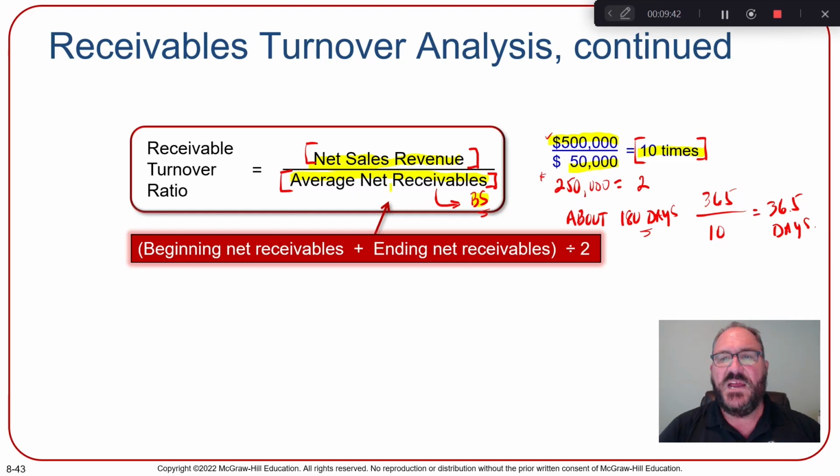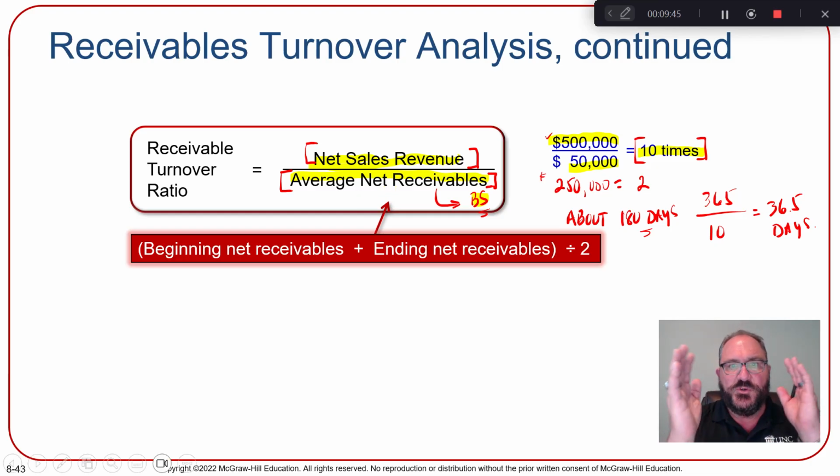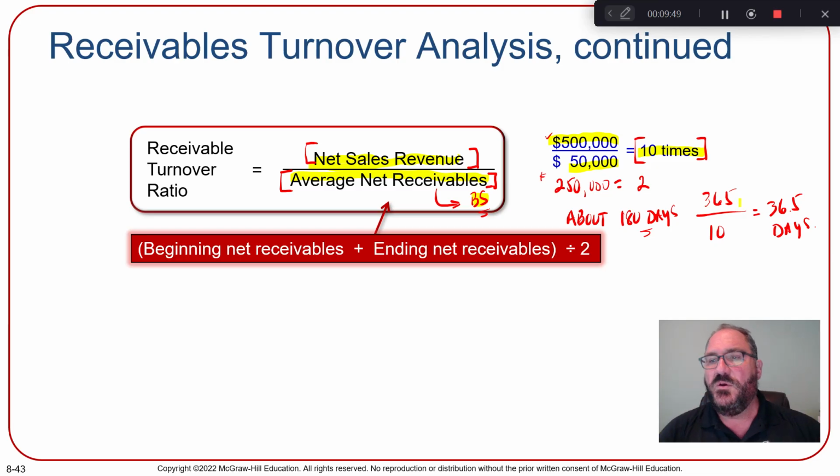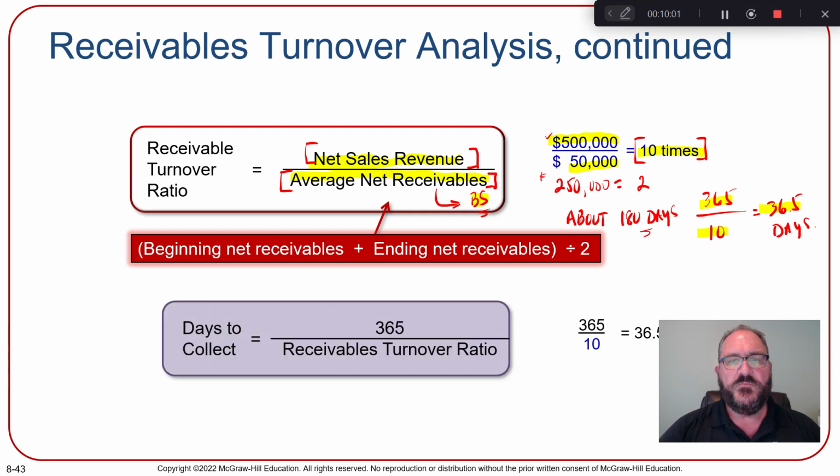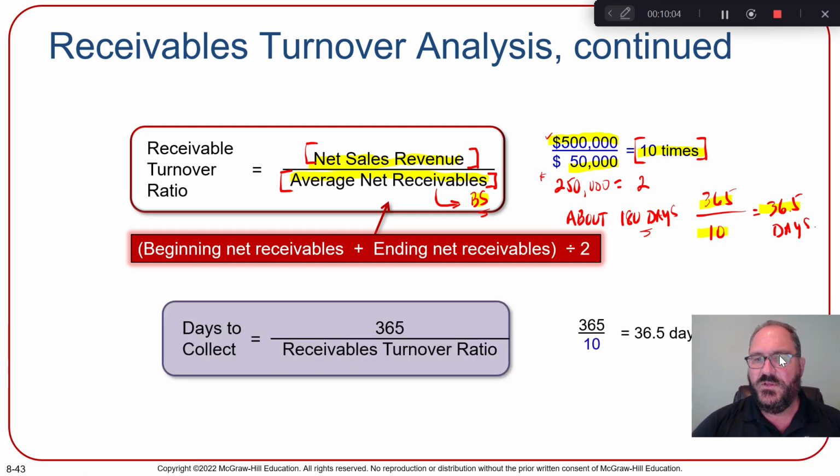By the way, to get this average net receivable, you have to use the balance sheet for that, right? So if you take 365 divided by 10, that means 36.5 days. Every 36.5 days, you're collecting your money, okay? There you go, right there.